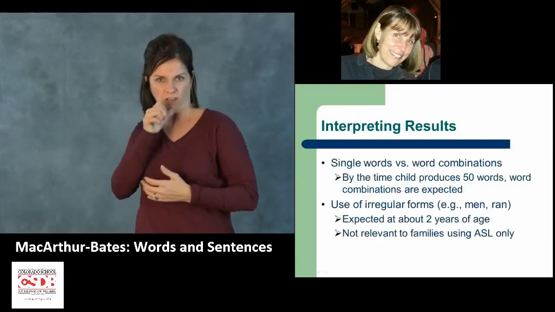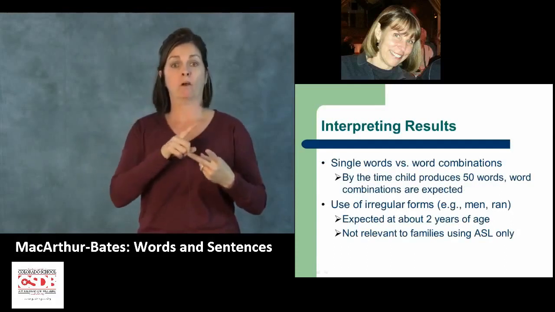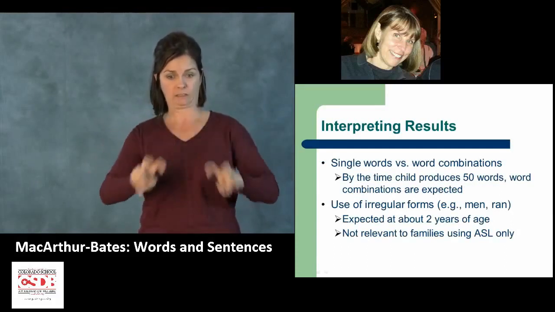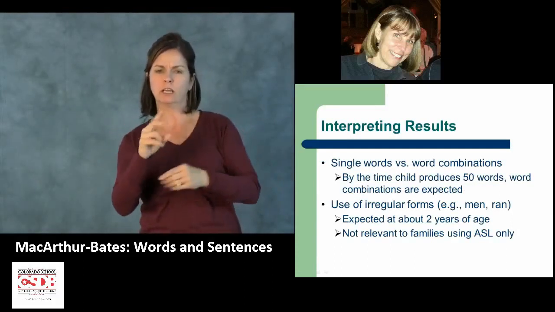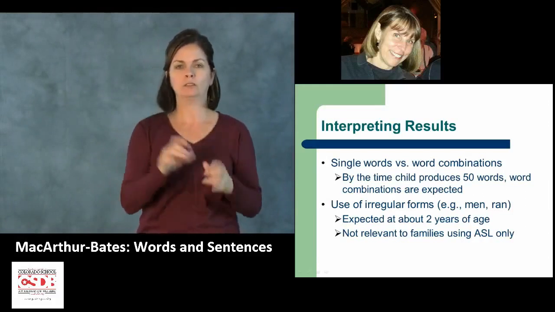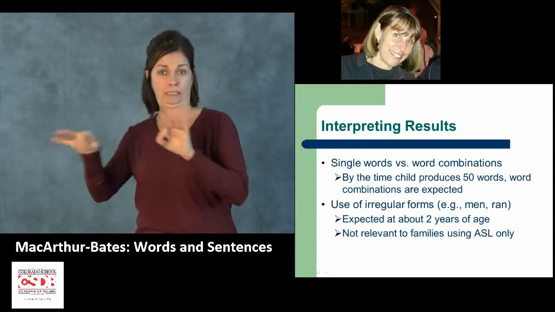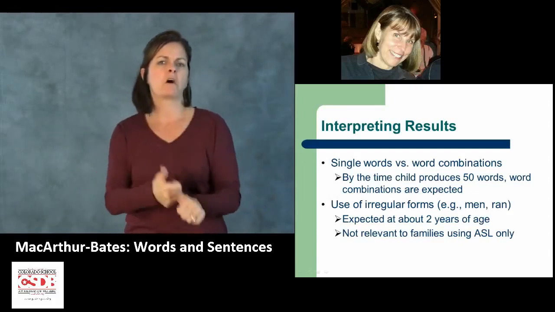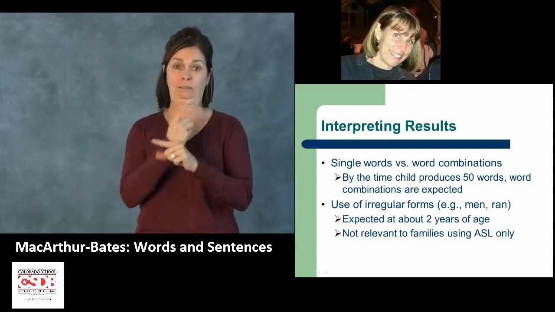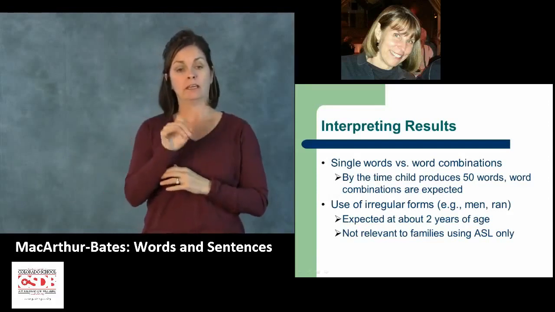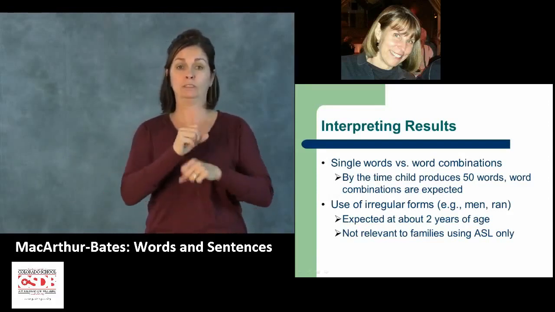Another thing you're going to want to look at on this assessment is the child's use of single words relative to their use of word combinations or forming short phrases or sentences. The rule of thumb in typical language development is that by the time a child is producing at least 50 words, you expect them to start to put words together.